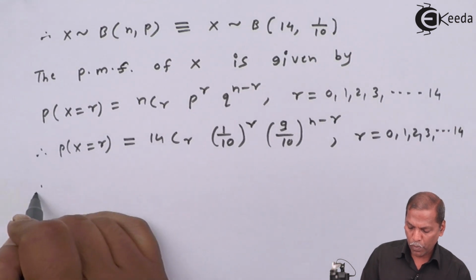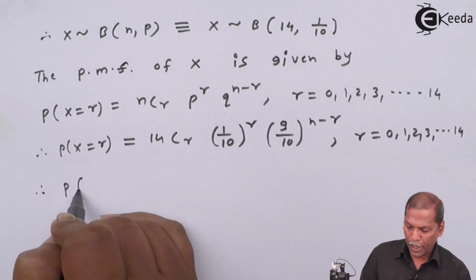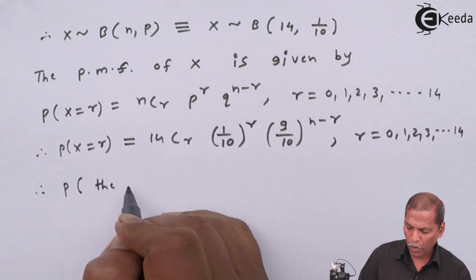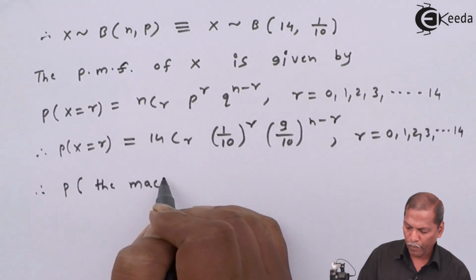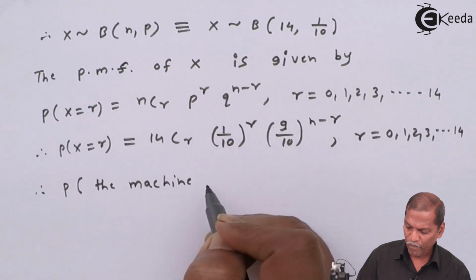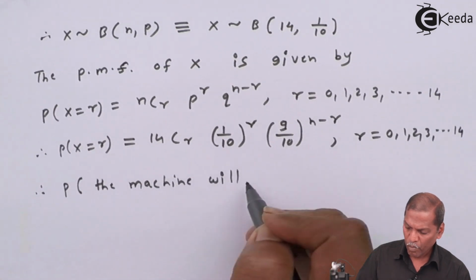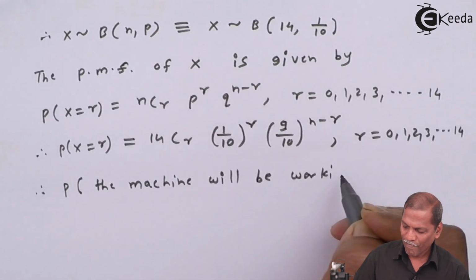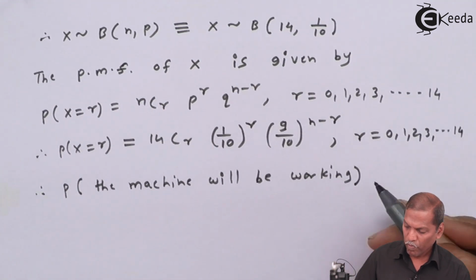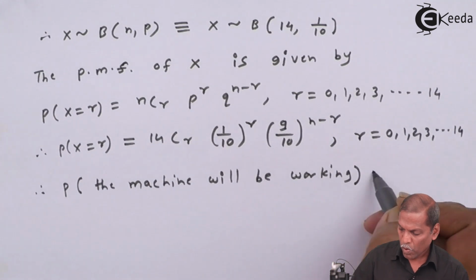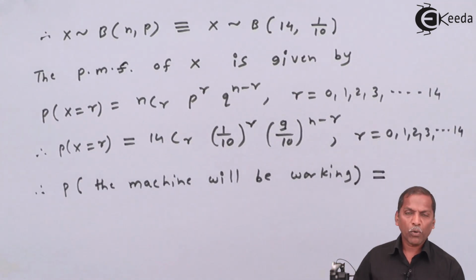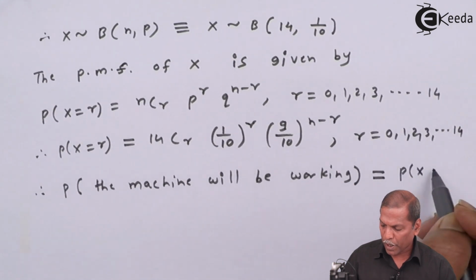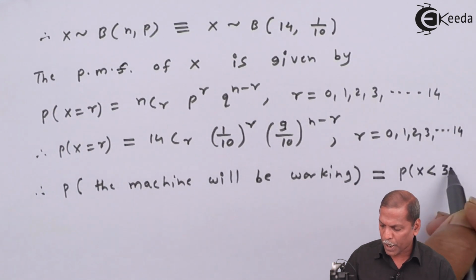So therefore, probability that the machine will be working is equal to probability X should be less than 3.